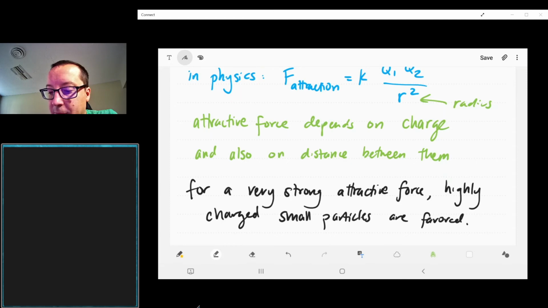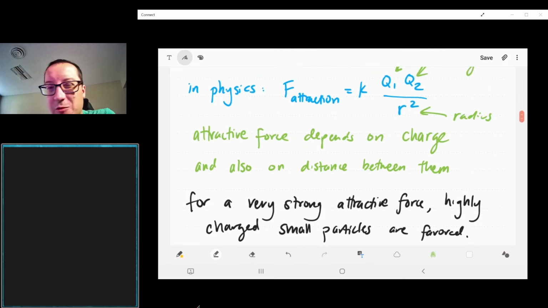So the more charged you are and the smaller you are, that's what's going to get you the biggest attractive force. So when we're looking at how molecules are interacting with each other, if they're attracted to each other or not, that's what we're looking at. We're looking at basically how big the charge is on them, and we're also looking at the size a little bit. We're going to see that by and large the size is a harder one to mess with.